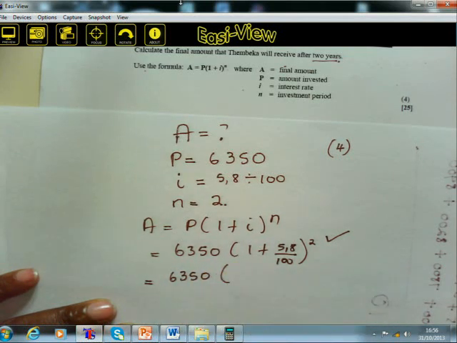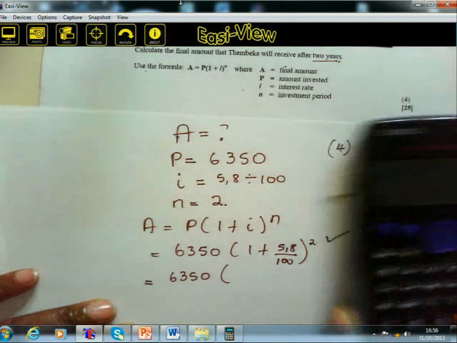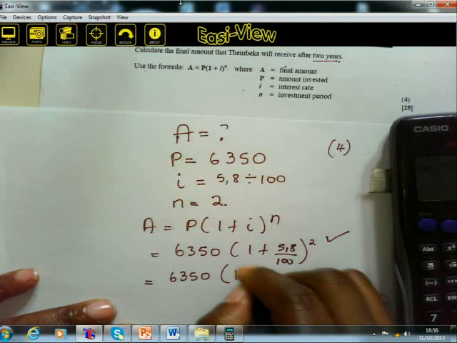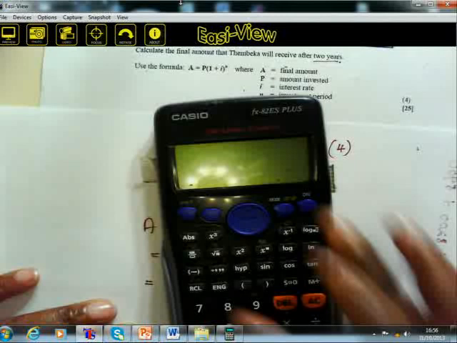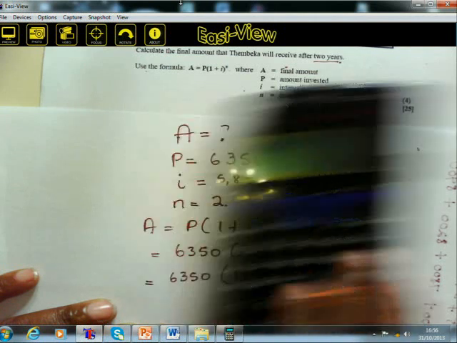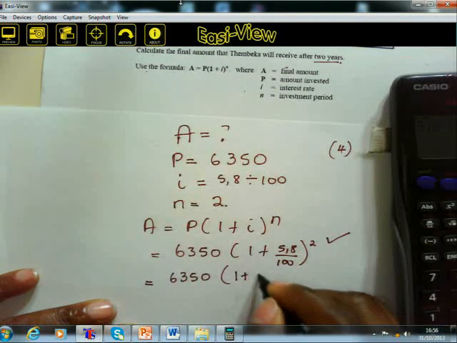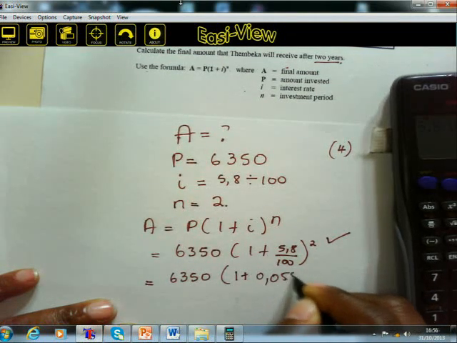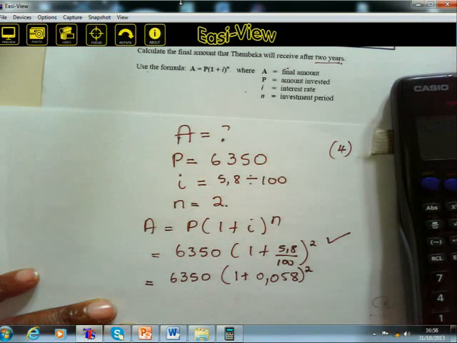And then 6,350. Remember at the beginning we said you must try to show all your calculations. So it will be 1 plus. We divide now 5,8 divided by 100, which is 0,058 to the power 2.